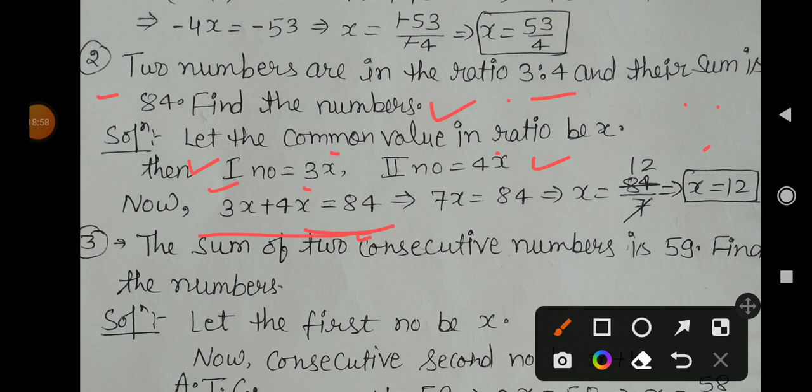Now you add, so 7x is equal to 84 and x is equal to 84 upon 7, because the coefficient of x goes outside the equal sign and is converted into a divide. So 84 upon 7, that value is x is equal to 12.